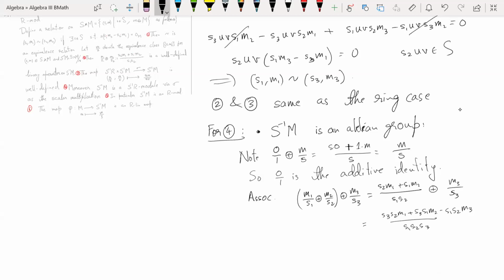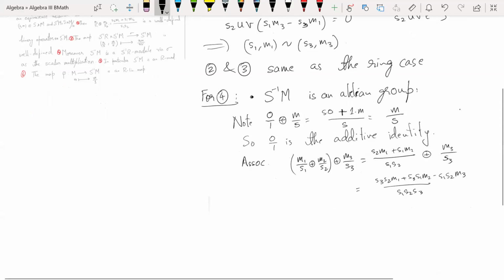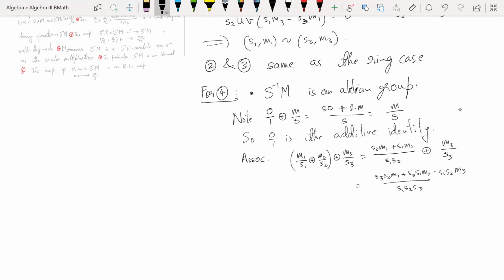Yeah, so this is what you get if you add it in this order, and if you add it in the other order, M1 over S1 plus M2 over S2 plus M3 over S3, you'll get something similar. Sorry, plus, no minus here.